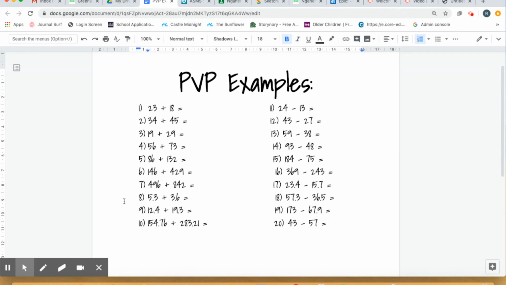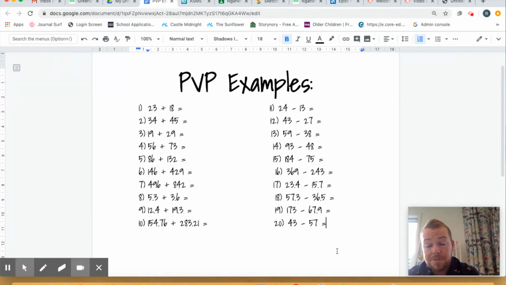Decimals for place value partitioning works exactly the same. You split your numbers up into their tenths, hundredths, thousandths, and then put them back together. And they've done that with subtraction as well. And then this last one here is 43 take away 57, which is actually going to end you up into negatives. So have a crack at that one as well.